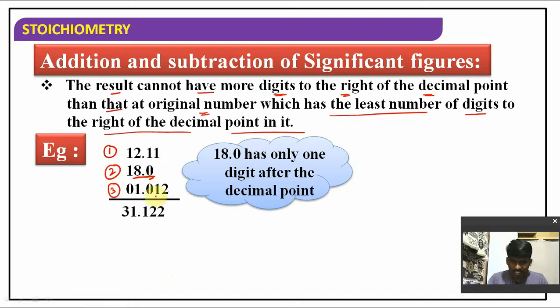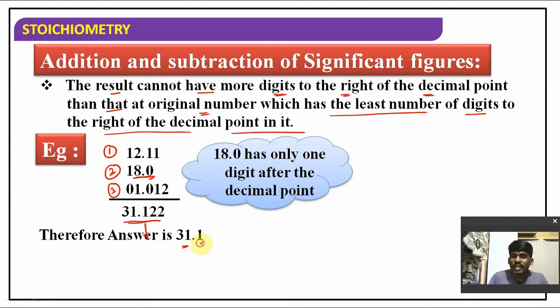So you have added, and we got the answer 31.122. So you should round off this value to 31.1. Why? Because after the decimal it should have only one digit.